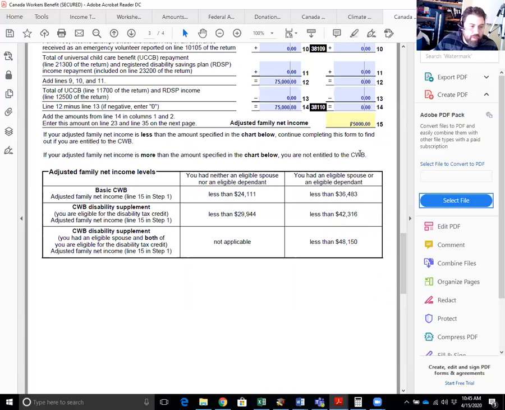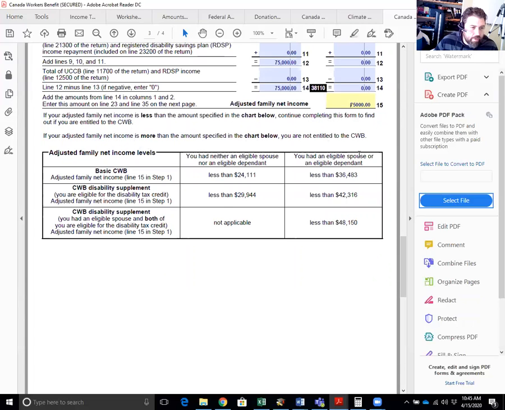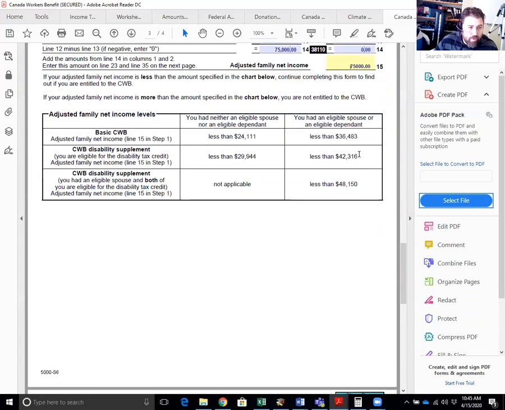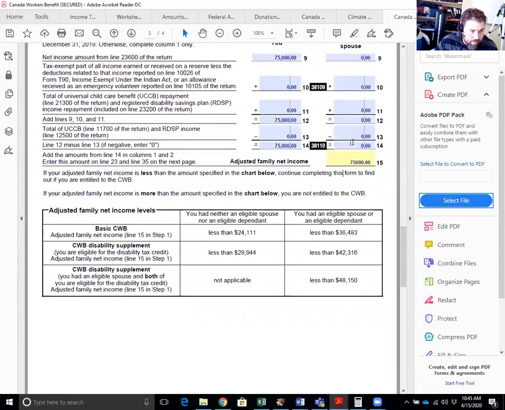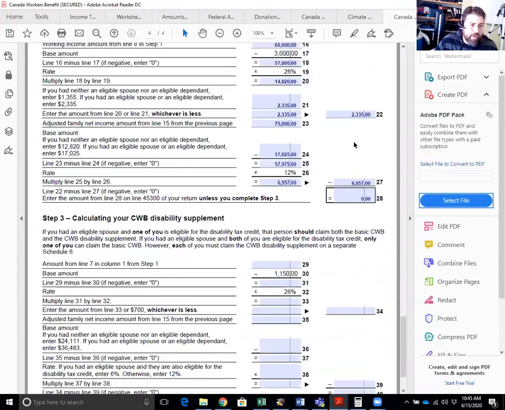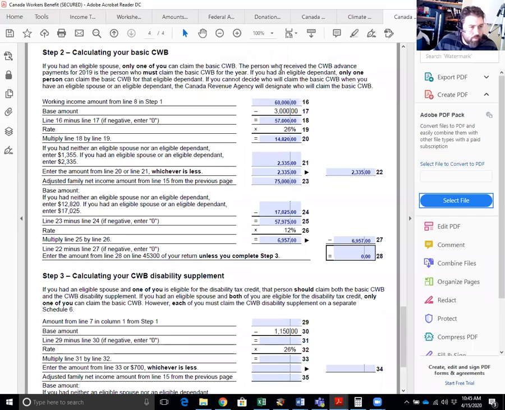Well, if you don't believe them, you can continue on filling out the form, but you're going to find that you're going to get 0 with this scenario that we've entered here. So I did that. I filled it out. So the math will prove CRA's note correct.